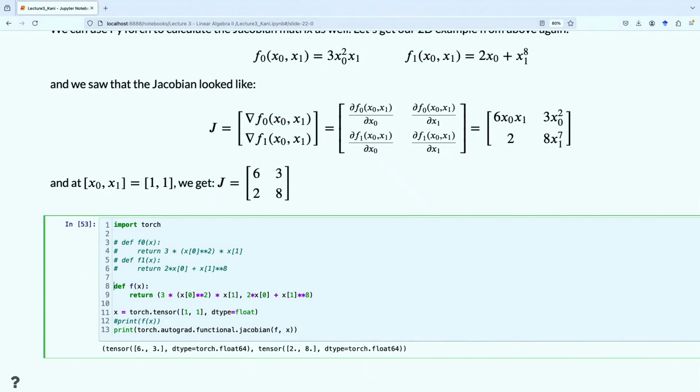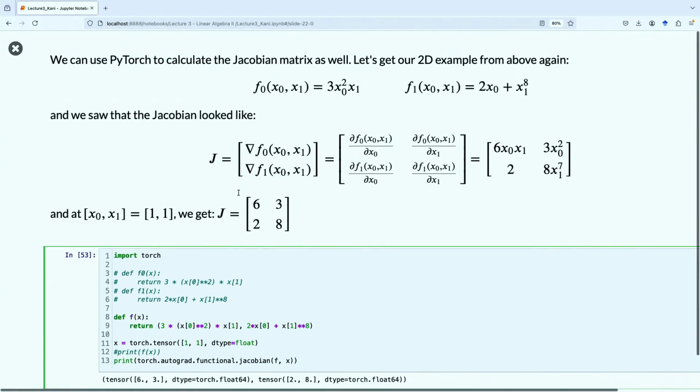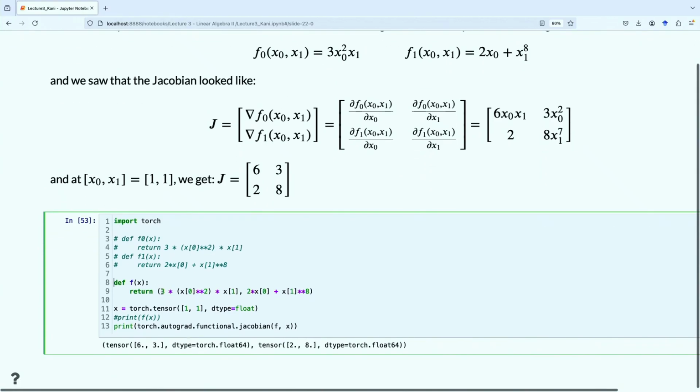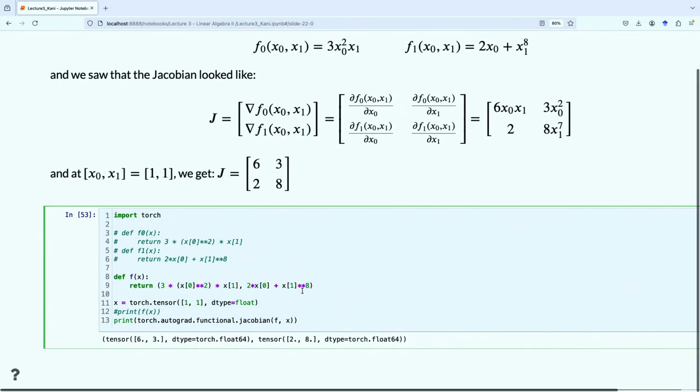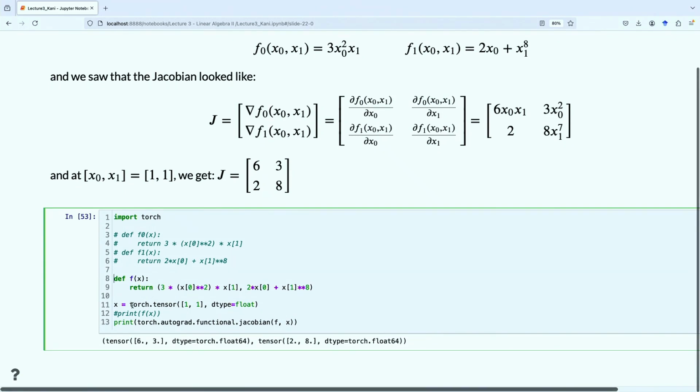In this case, remember we have a function where it's these two stacked on top of each other. The function f is simply equal to 3 x0 squared times x1, comma, 2 x0 x1 to the 8th. All I'm doing is defining the function. I didn't take any derivative. That's the original function. So I define a torch tensor that represents x.